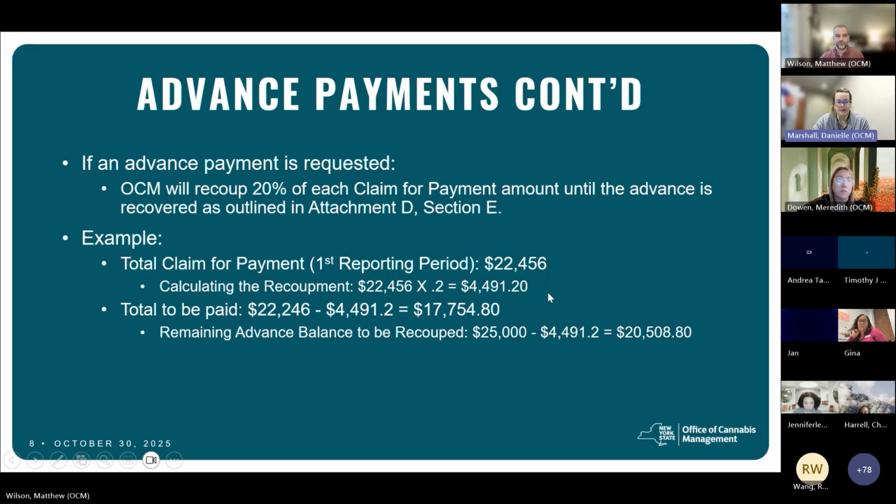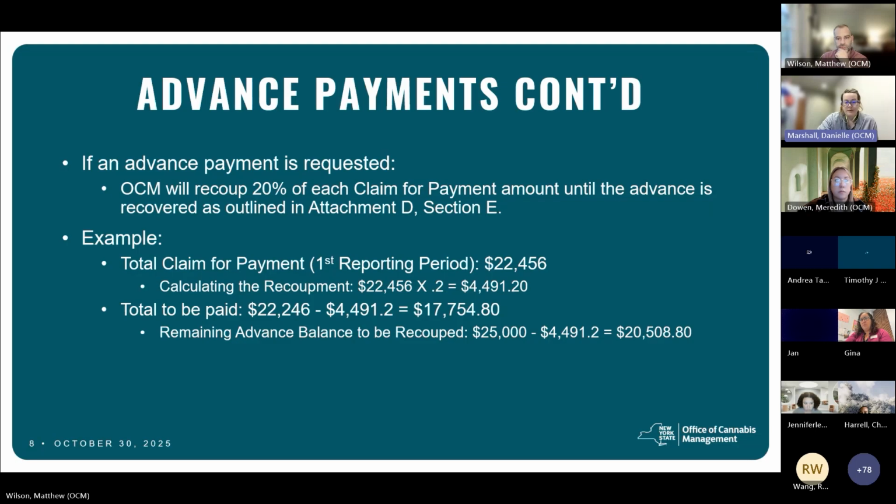And then to calculate the total to be paid, you'll again take that total claim for payment from your first reporting period. You'll minus the $4,491.20, which is the recoupment amount, and that will give you a total to be paid of $17,754.80.